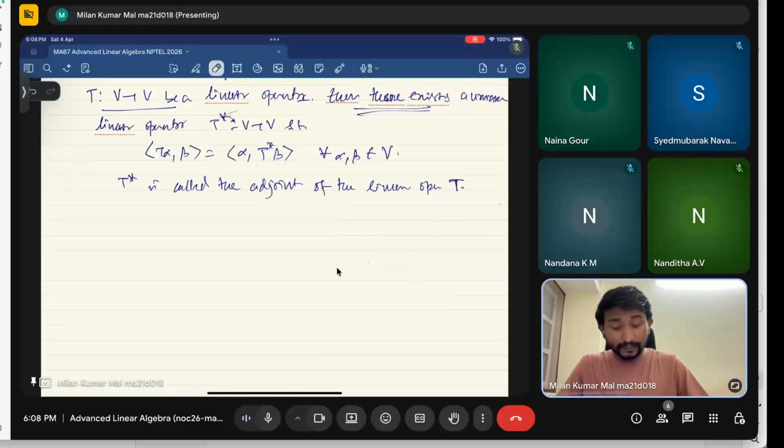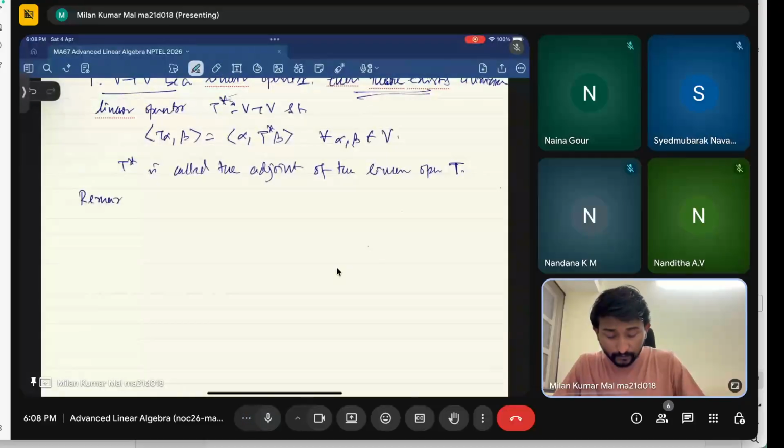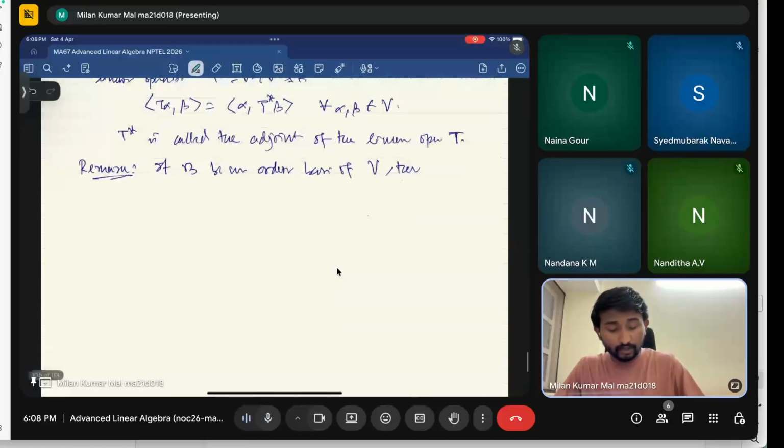Here is another remark. If B is an ordered basis of the inner product space V, then consider the matrix representation of the linear operator T star. For a linear operator T, we have an adjoint linear operator T star.